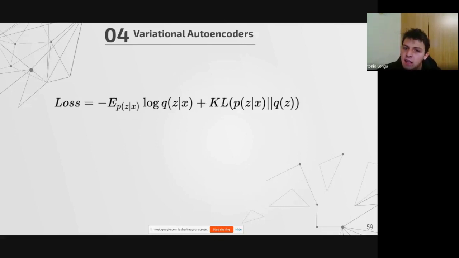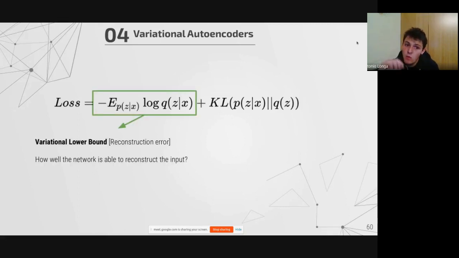That the KL divergence is on p(z given x) and q(z). And moreover, we have this other term. Interestingly, if we have a look at the specific term, we can see that the first term is a variational lower bound. Practically, it is the reconstruction error: how well the network is able to reconstruct our input.